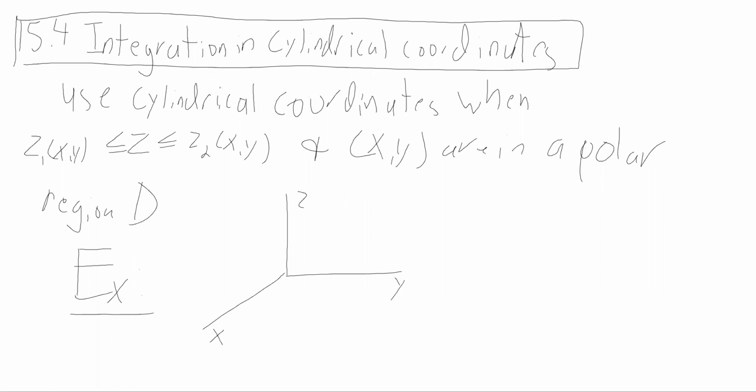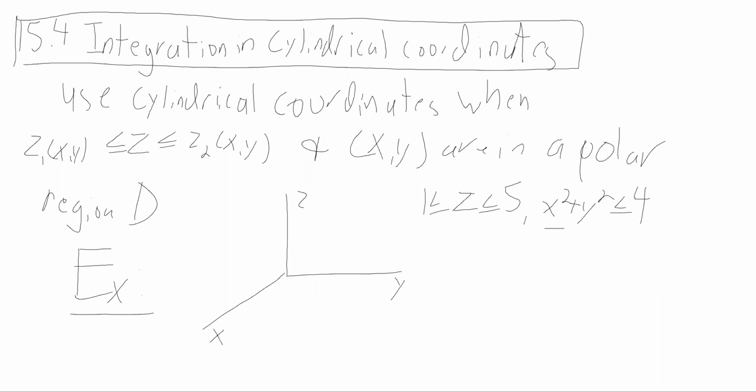So for instance, suppose Z lies between Z equals 1 and Z equals 5. And then say X squared plus Y squared is less than or equal to 4.